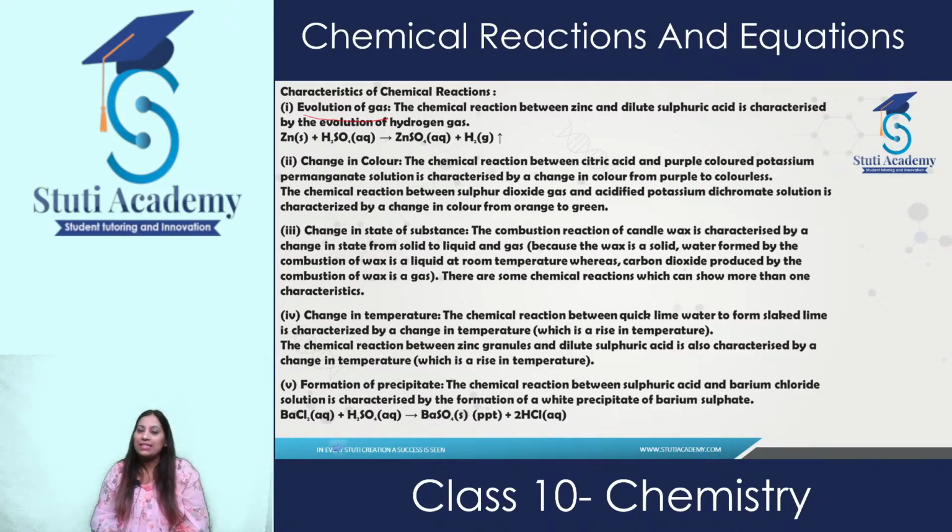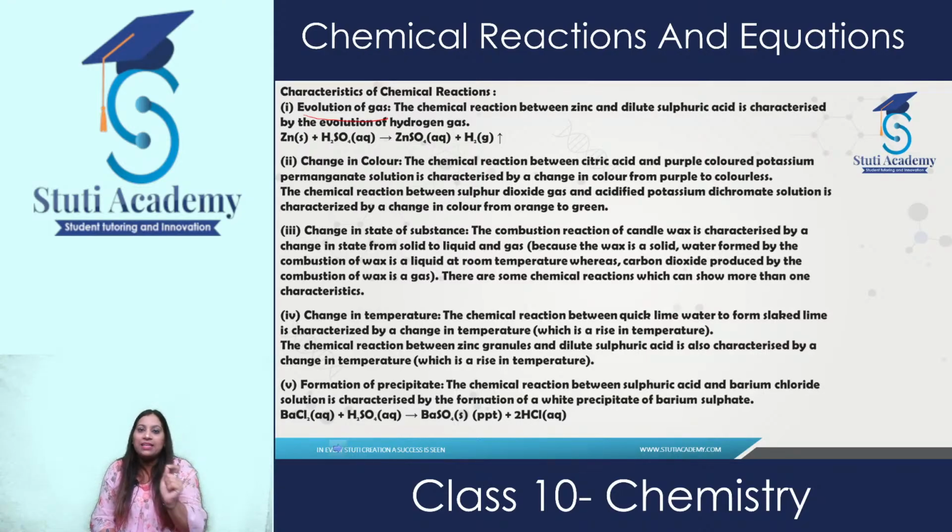Evolution of gas here means when two or more reactants combine together, it results in the formation of a new substance, which is a product. Apart from that, some gases are also evolved, and this is the first characteristic of a chemical reaction.